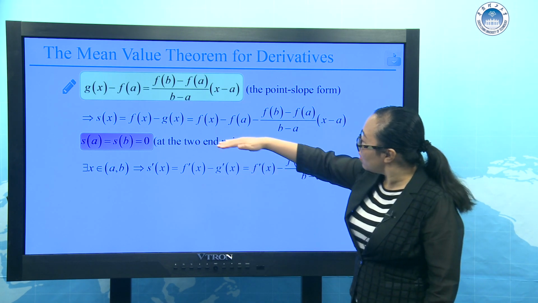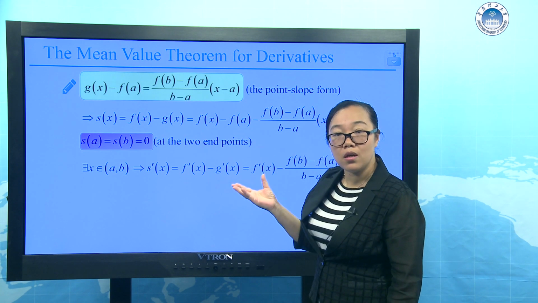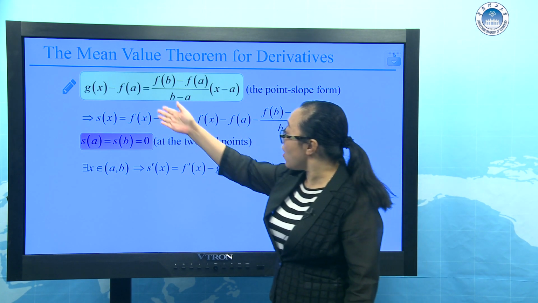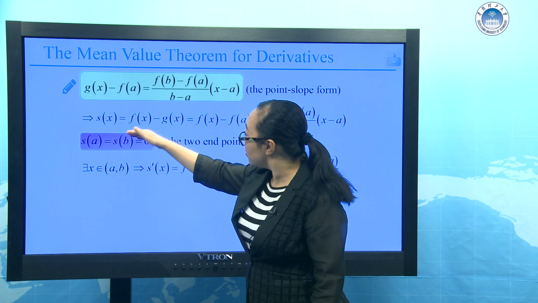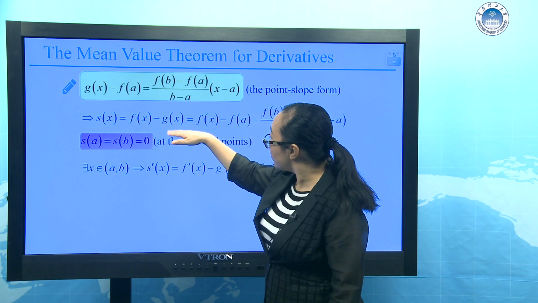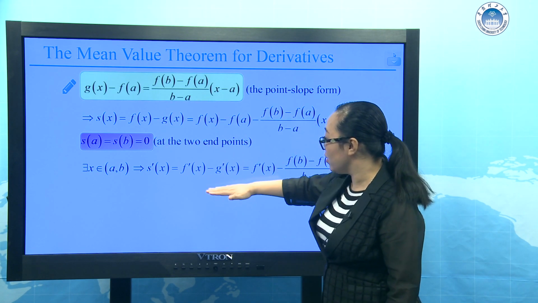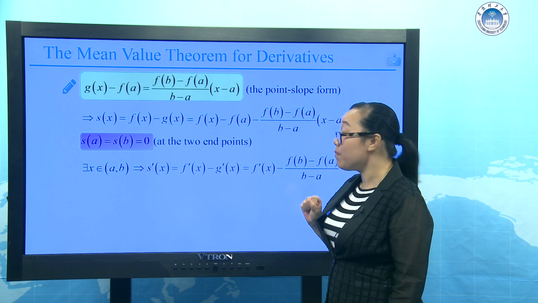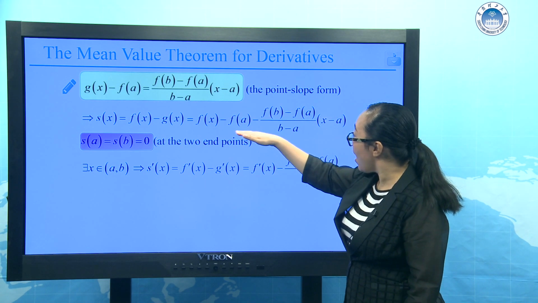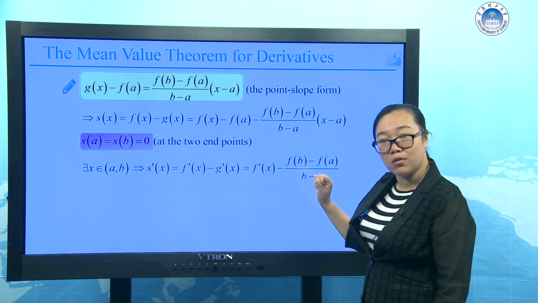Pay attention to this equation. Do the same computation: S' equals f' minus g', so it equals this form. And then f'(a) equals 0.